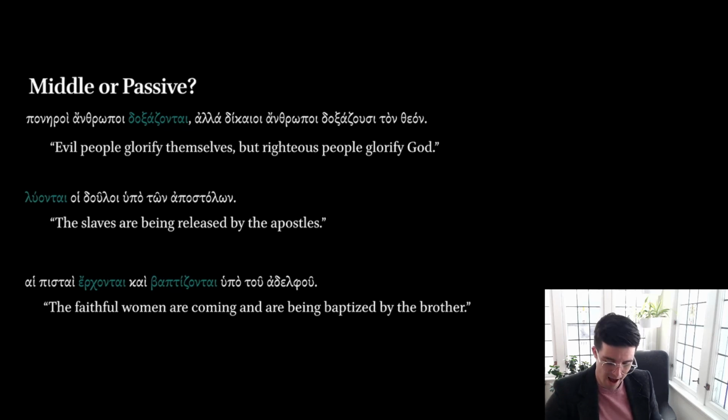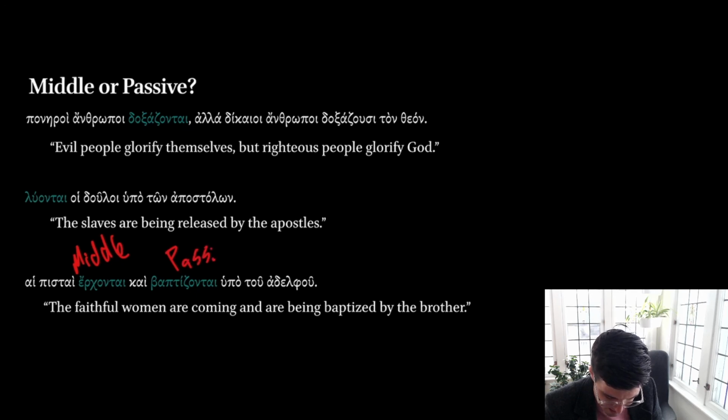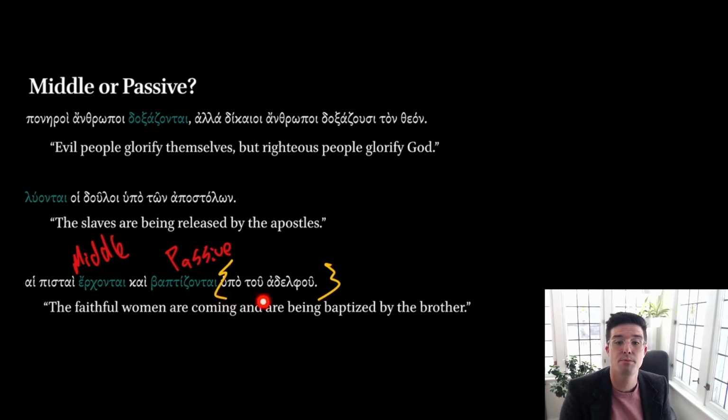So what we're going to have is the first case is middle, and the second case is going to be passive. So once again, in our second case here, the direct agency indicated with hupo plus the genitive is going to tell us that we have a passive, because this is the person, the brother, that is doing the action of baptizing.